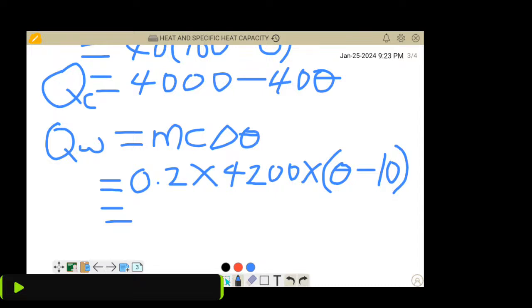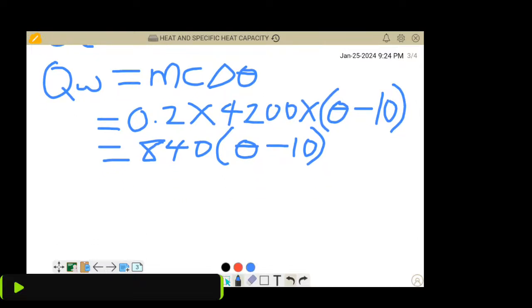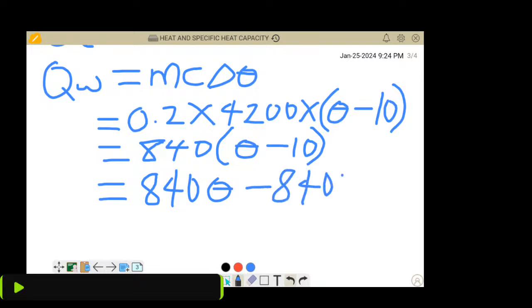We are going to have 840 into brackets theta minus 10. That is 0.2 multiplied by 4,200 will give us 840. And from here we can have 840 theta minus 8,400 mathematically.